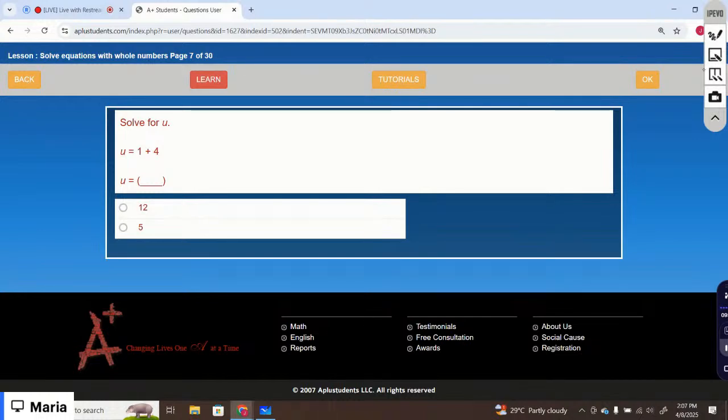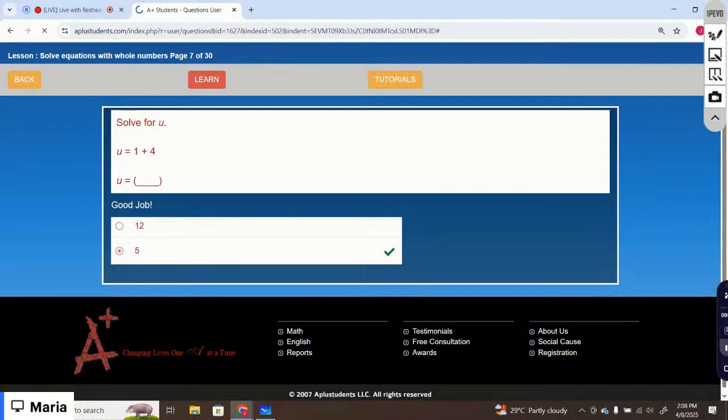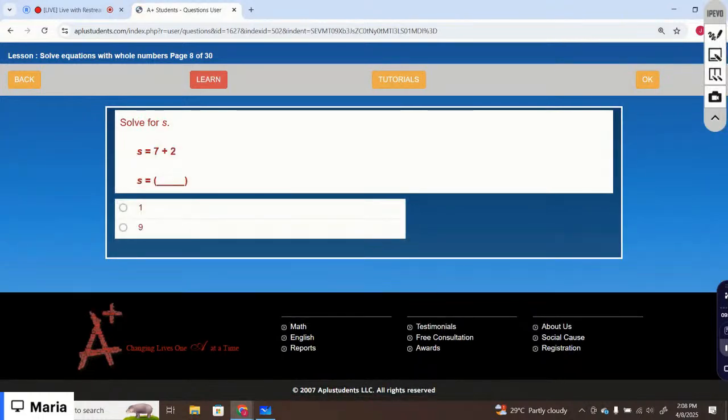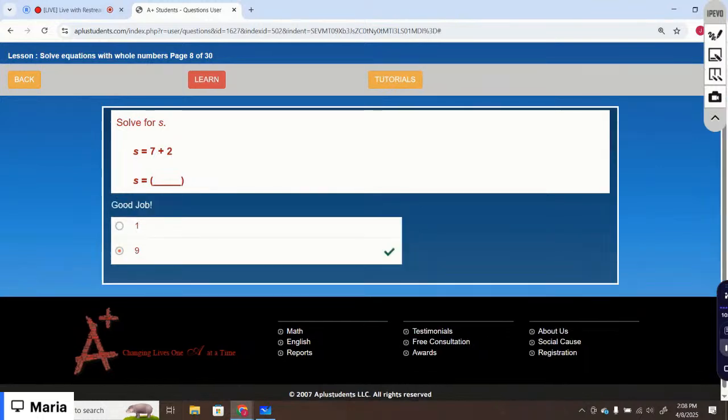That is u equals 5. Option number 2 is the correct option. Solve for s. s equals 7 plus 2. 7 plus 2 is 9. Option number 2 is the correct option.